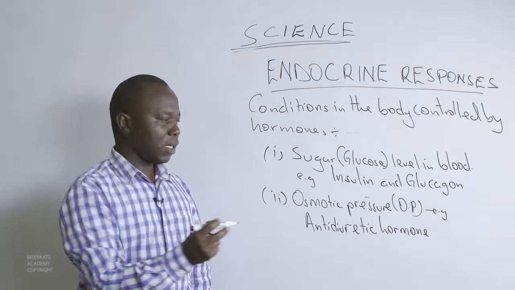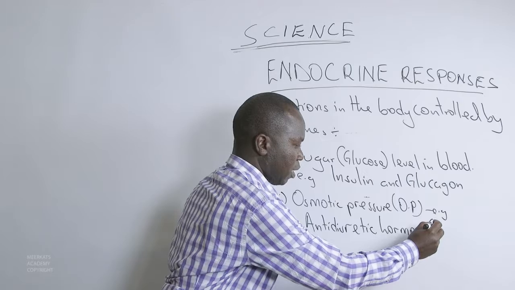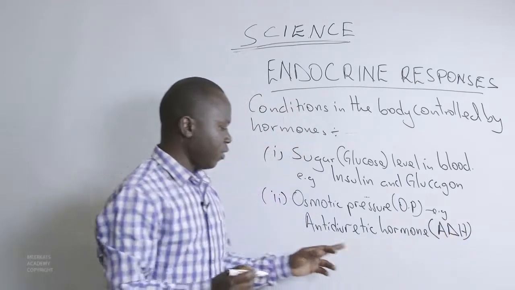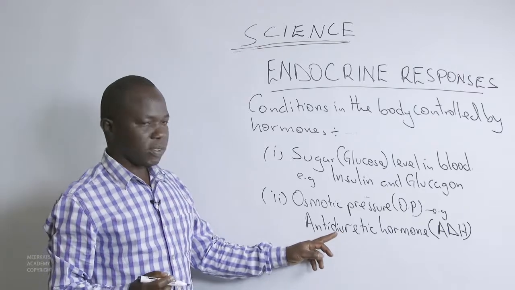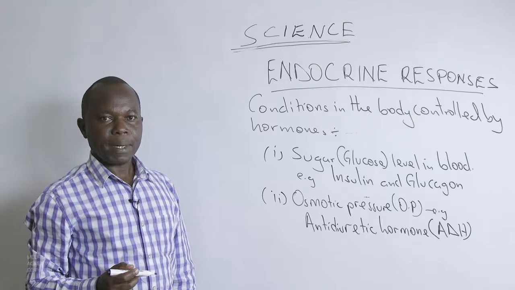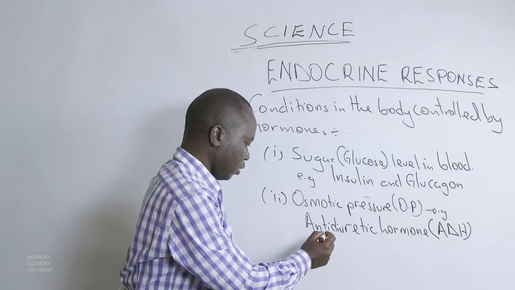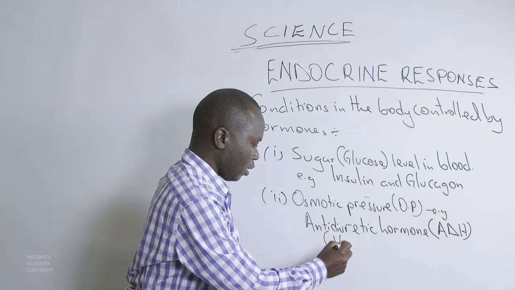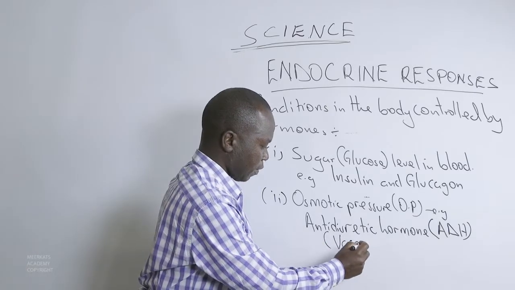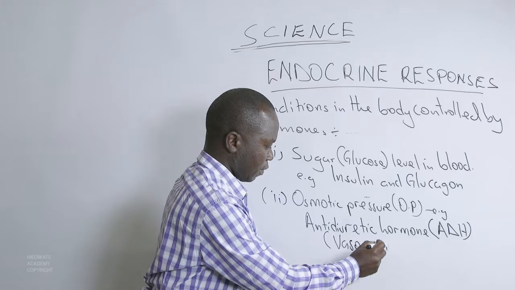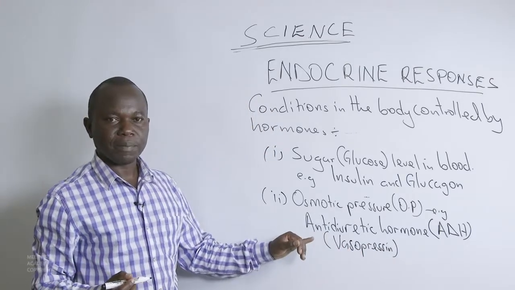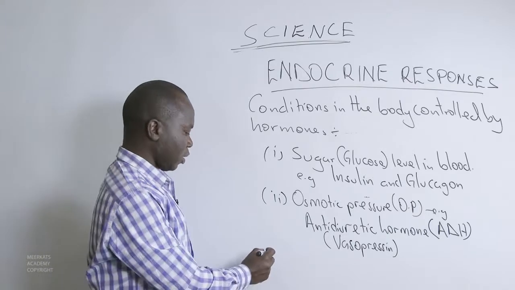In some literature, it is abbreviated as ADH: A for anti, D for diuretic, and H for hormone. But in other texts, you will also find it being referred to as vasopressin. So whenever you find vasopressin, it means the same as antidiuretic hormone.